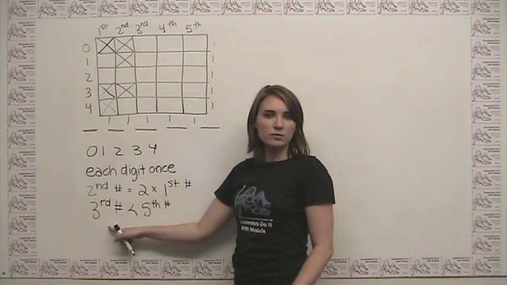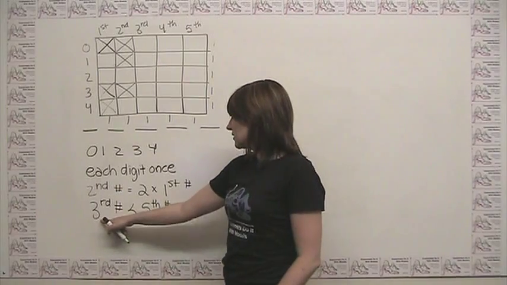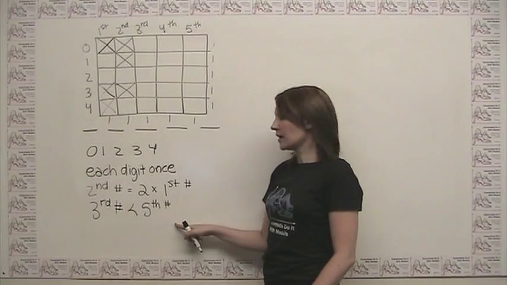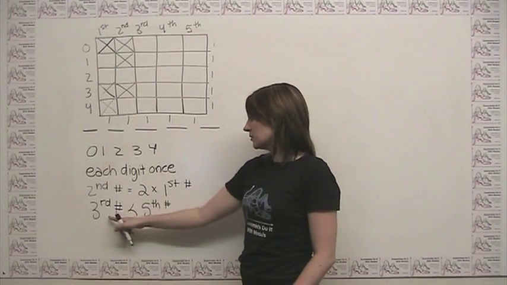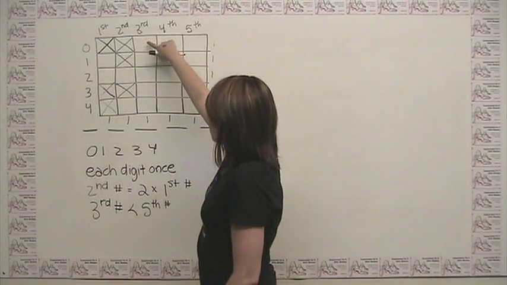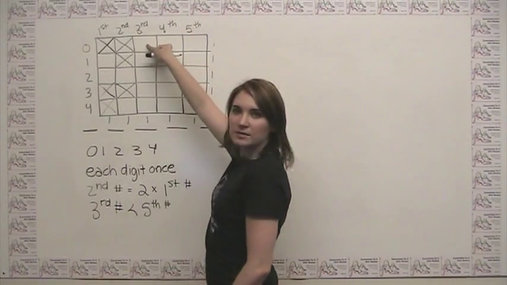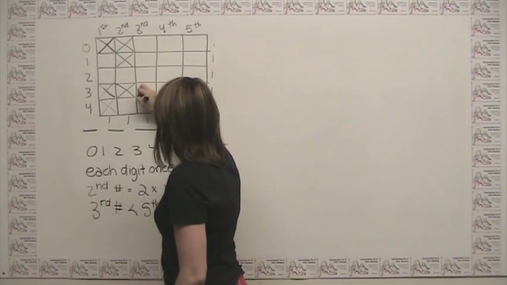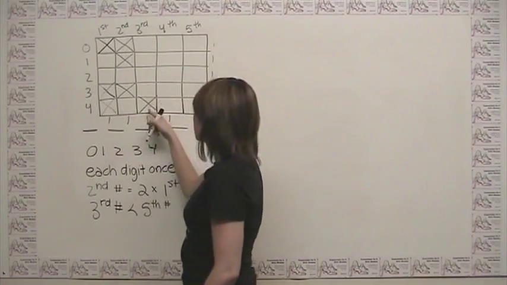We only have one more rule to contend with here, that the third number is less than the fifth number. Again, this puts restrictions on both the third number and the fifth one. The third one is the one that has to be strictly smaller than something else, so we can actually rule out 4 as an option.